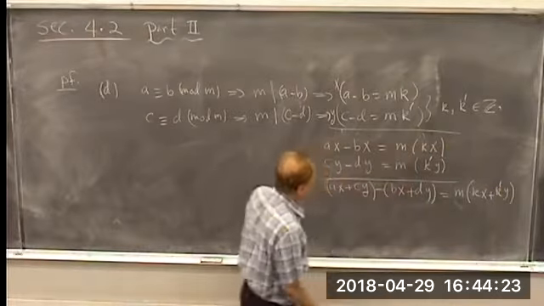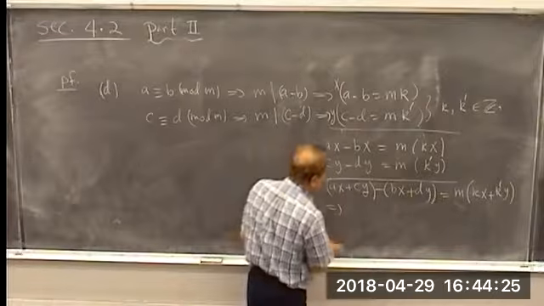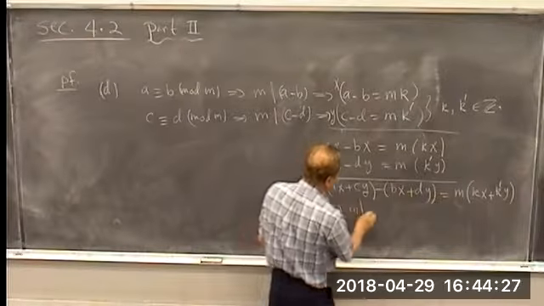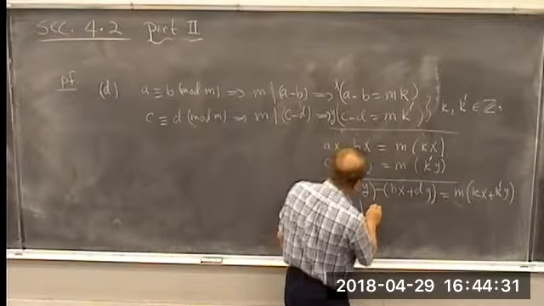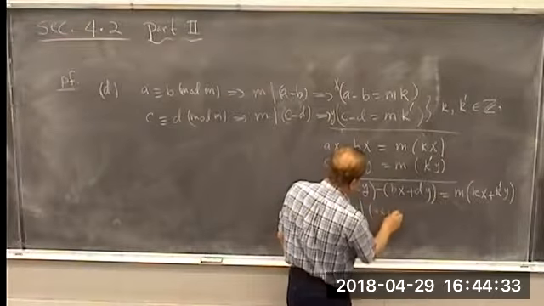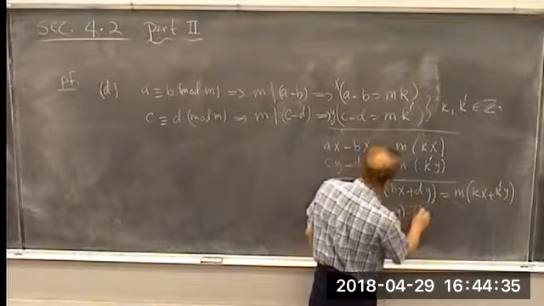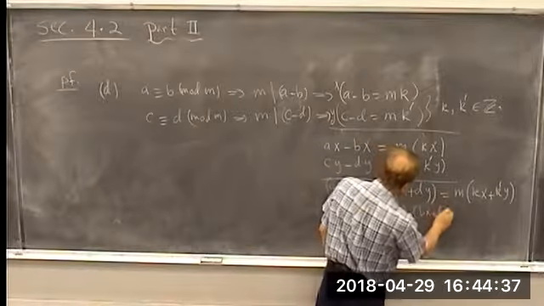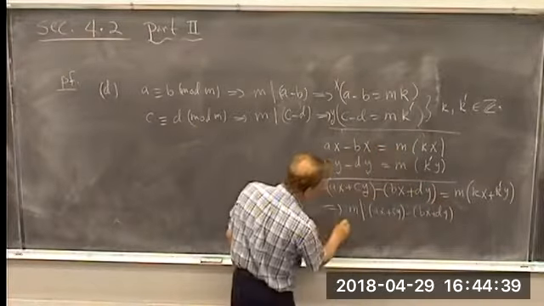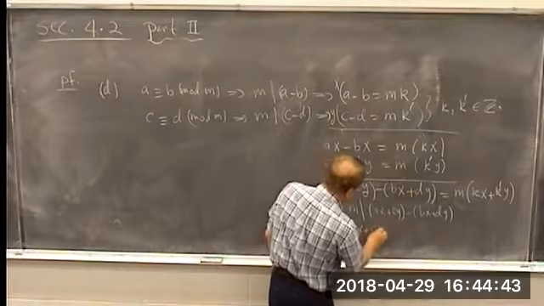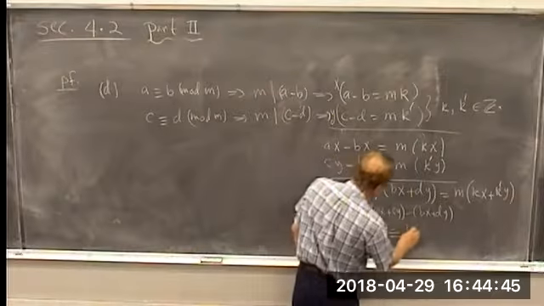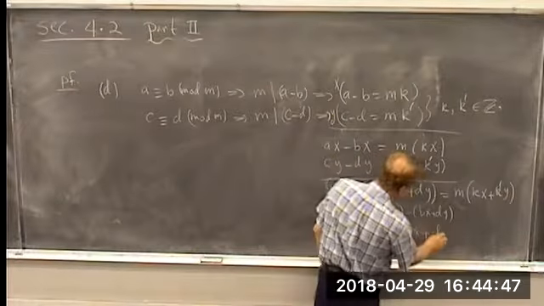Once again, we conclude that m divides this difference, ax plus cy minus bx plus dy, and this means ax plus cy is congruent to bx plus dy.